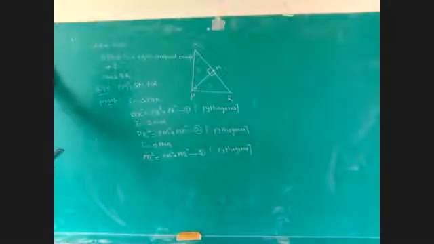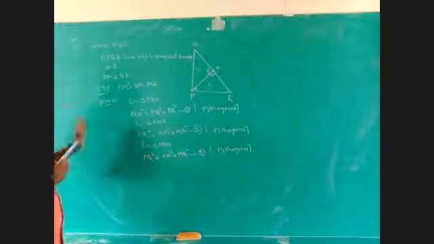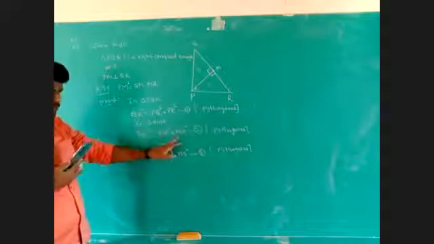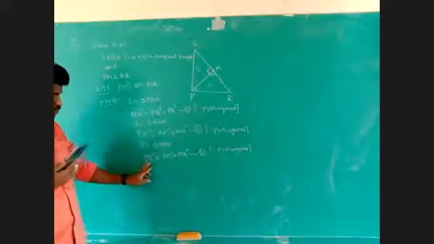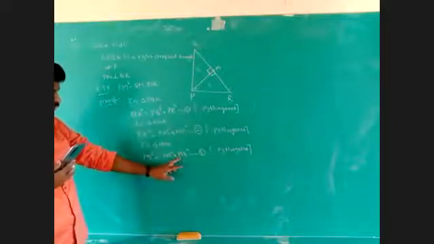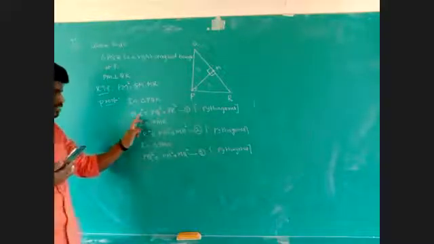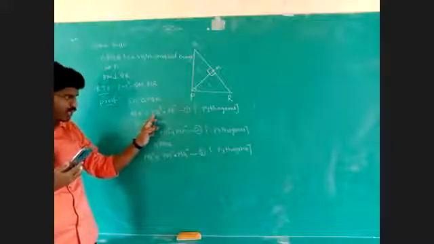In triangle PQR, apply Pythagoras theorem. In triangle PMR, apply Pythagoras theorem. And in triangle PMQ, apply Pythagoras theorem. Any doubt? No, sir. Now see here, PR square equal to PM square plus MR square. PQ square equal to PM square plus MQ square. In the big triangle, QR square equal to PQ square plus PR square.